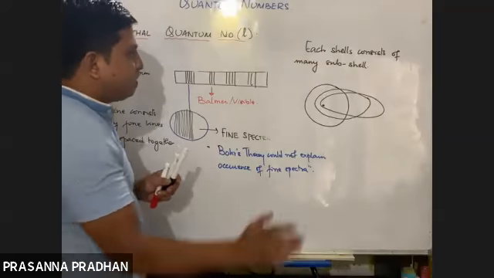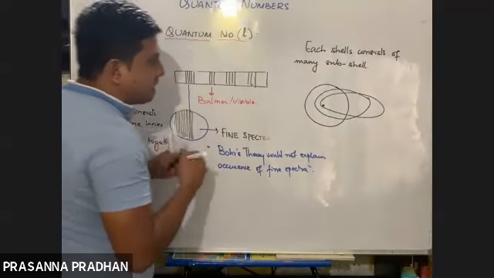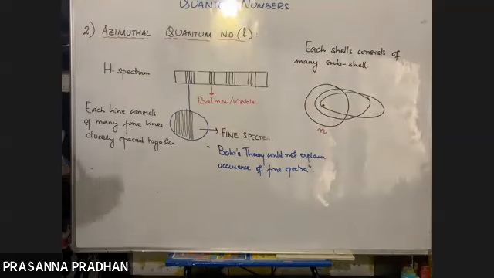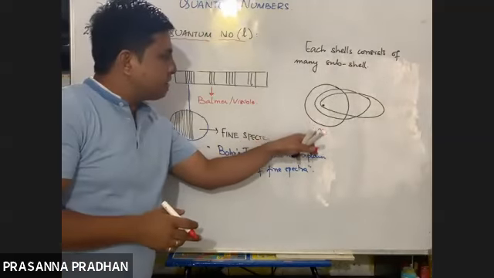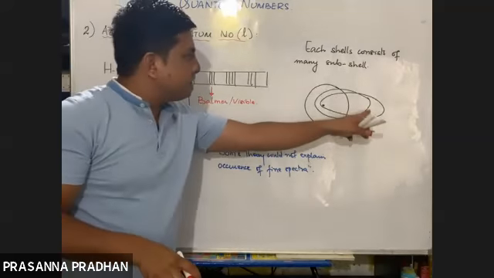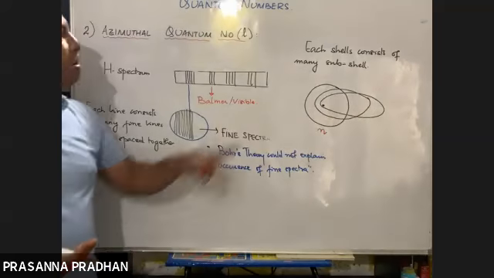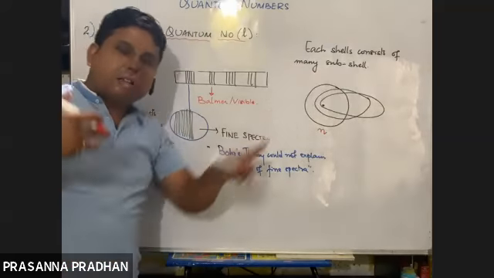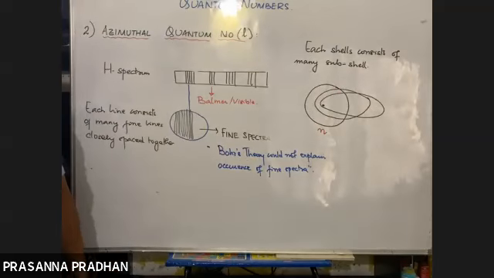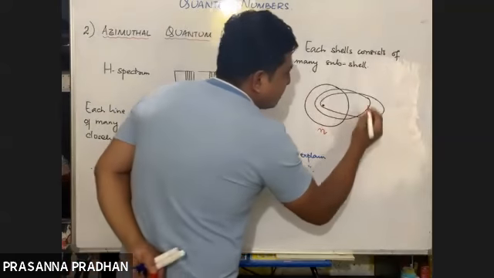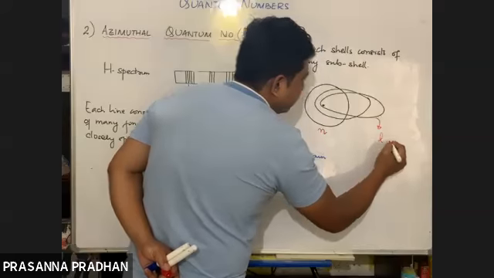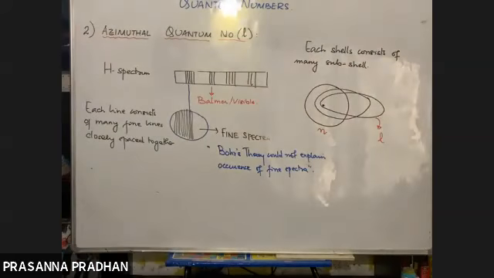Now these shells are designated by the principal quantum number n. The circular shells are designated by the principal quantum number n. Similarly, in order to designate these elliptical shells or subshells, another quantum number was required, which is known as the azimuthal quantum number.